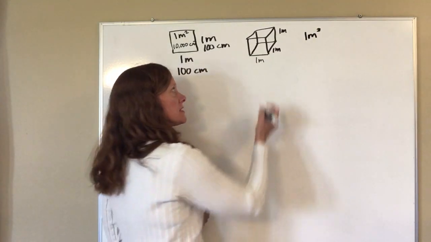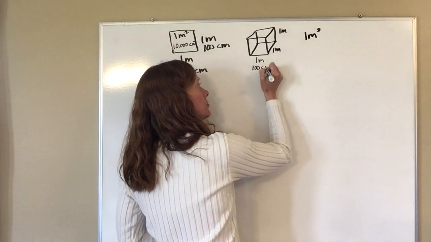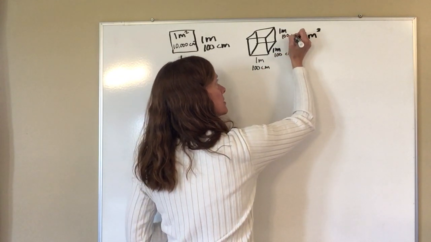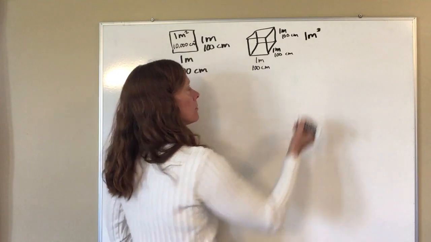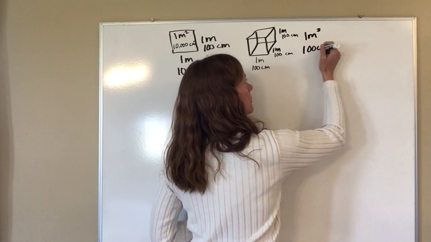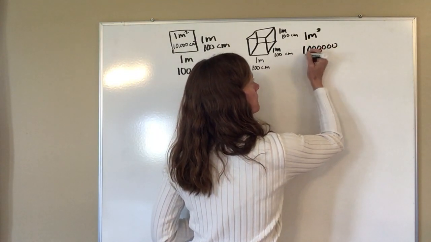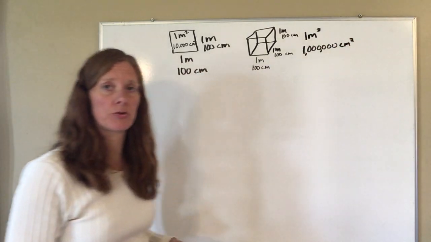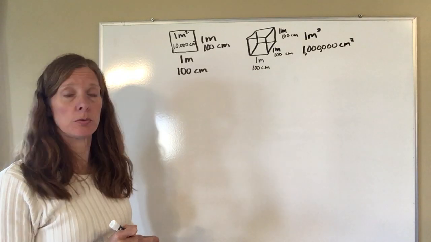But if I wanted it in centimeters, this is going to be 100 centimeters by 100 centimeters by 100 centimeters. So now what I have is actually 1,000,000 cubic centimeters that is equivalent to 1 cubic meter.